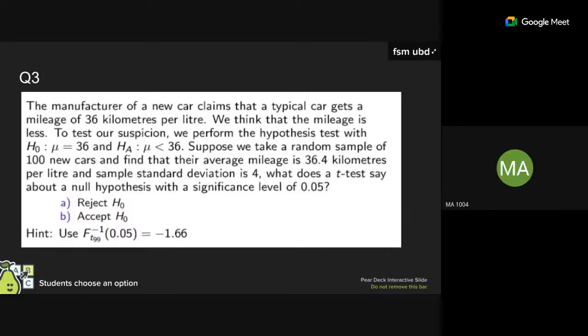No. See, then alpha should be, what should be alpha? Greater than 0.5. Okay. Greater than 0.5 alpha is a very bad test, right? Yeah. Even if alpha is greater than 0.5, it will be minus only. No, right?